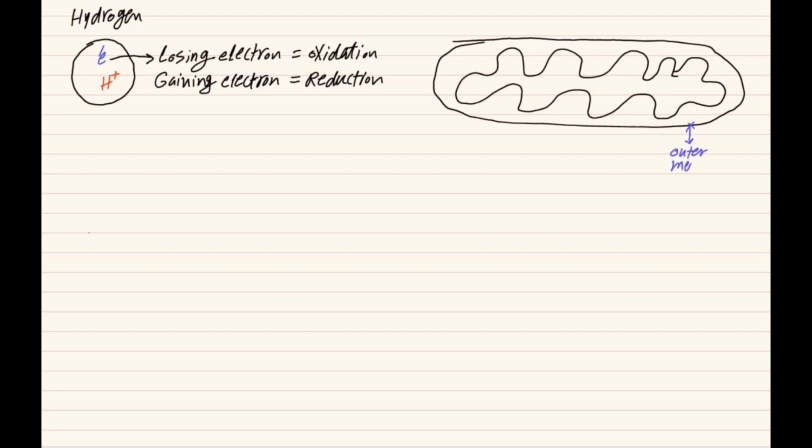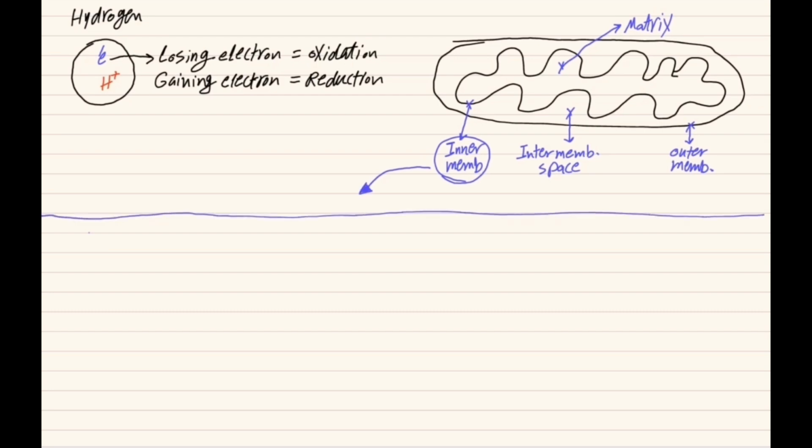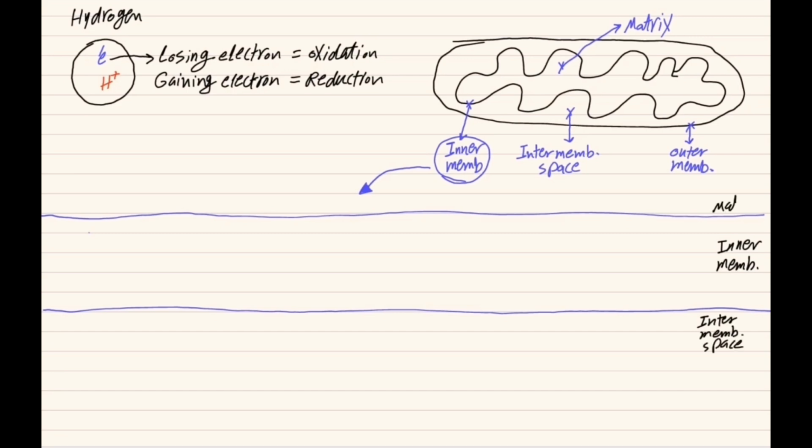Here we have the outer membrane, and this is the inner membrane. Between them is the intermembranous space, and this innermost part is the matrix. So we can draw it like this. This part is the inner membrane, here is the intermembranous space, and above here is the matrix.